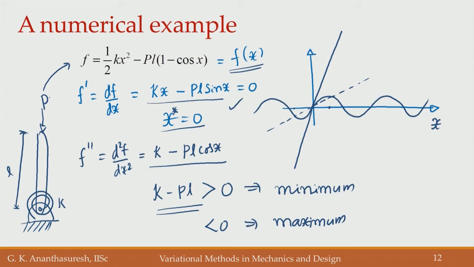We are actually minimizing this F, which is the potential energy for this problem. So, you should work it out and understand how minimum and maximum change as you increase P.